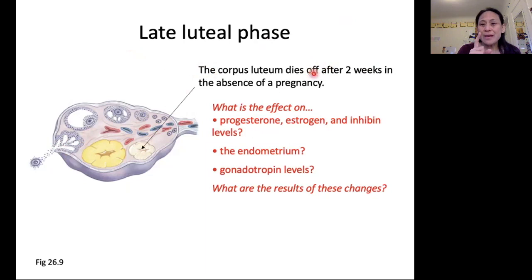I would like you to think about the effect of that on progesterone, estrogen, and inhibin levels. What is the effect on the endometrium? What is the effect on gonadotropin levels? Remember, gonadotropins are LH and FSH. And then think about what the results of these changes would be in the uterus and in the ovaries. So go ahead, definitely you need to pause here. And when you're ready, you can come back.